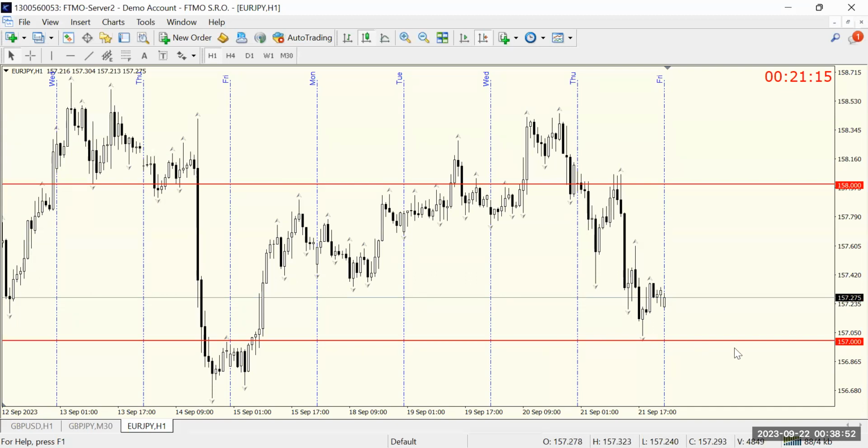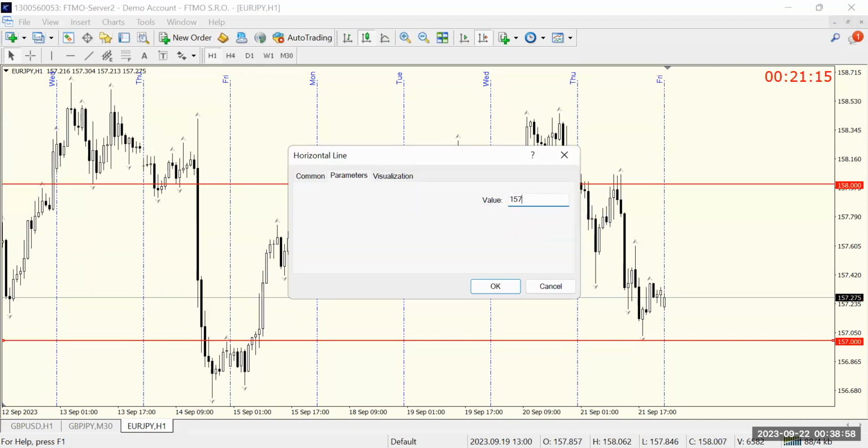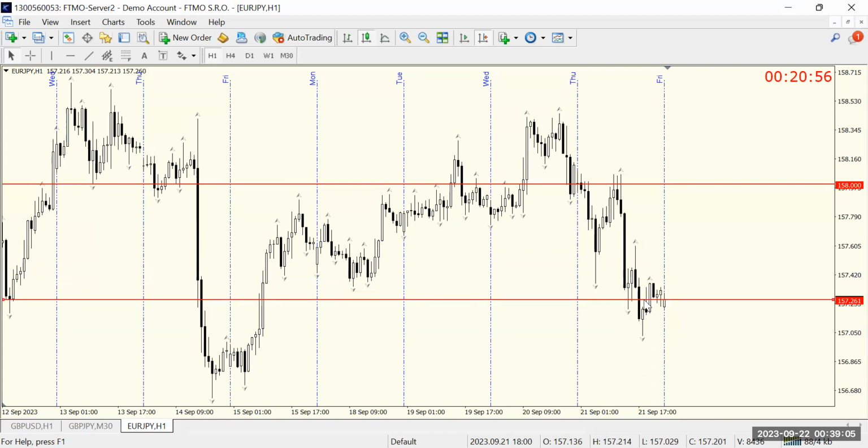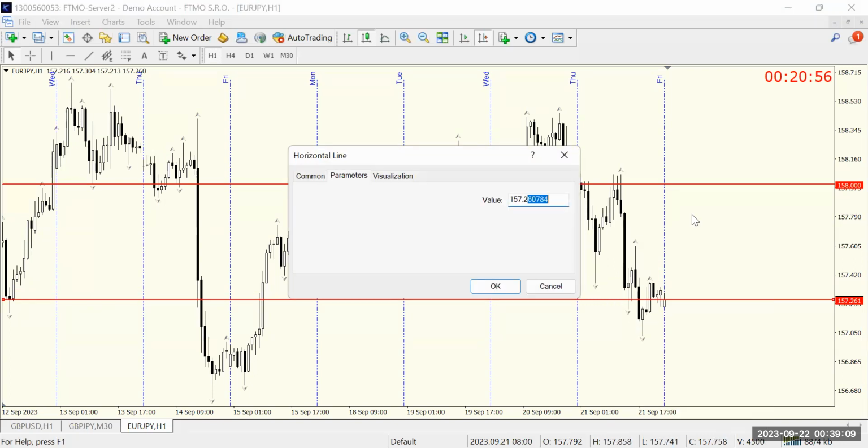If it didn't hit that area, then let us go for 157.50. Very near, but then okay, why not 157.25? Because it's beyond this 25.